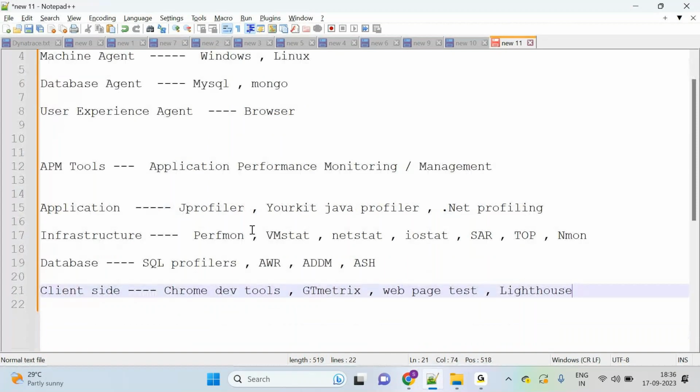Now think from the customer perspective. I have to monitor my application, or I want to find the root cause of my problem statement. In that case, what do I have to do? I need a person with application tool knowledge, DB tool knowledge, infrastructure tool knowledge, and client side tool knowledge.